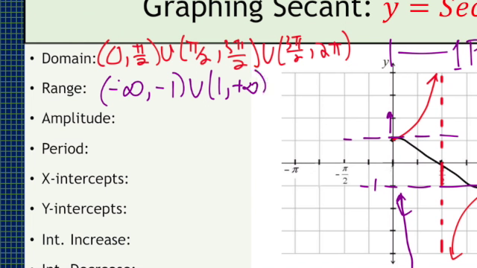The amplitude, just like cosecant, is still going to be 1. My period is going to be 2 pi.